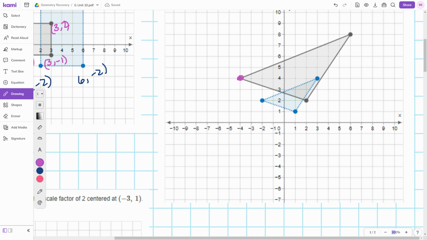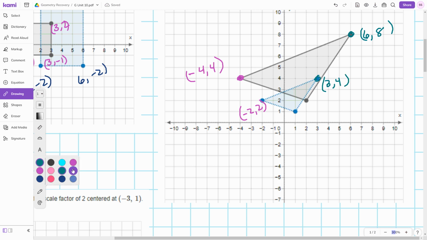But for this one, for -4, 4, if I just take that by 1/2, that's just going to be -2, 2. Okay. Let's do another one. This one right here, nice, easy whole number, 6, 8. We're going to shrink that right here to 3, 4.